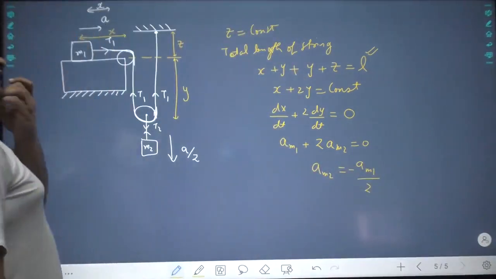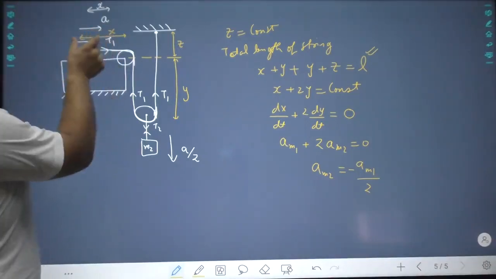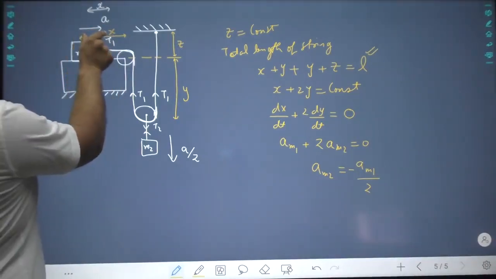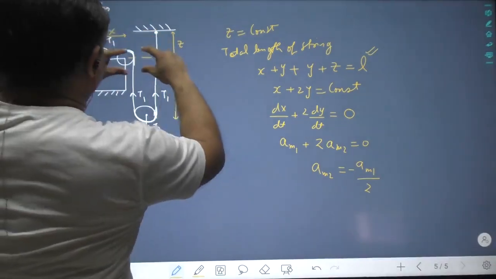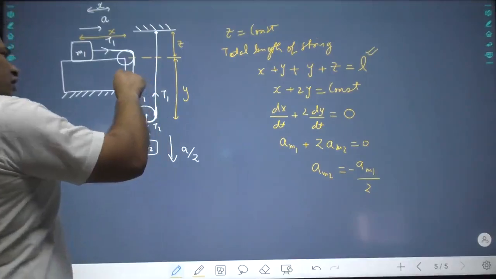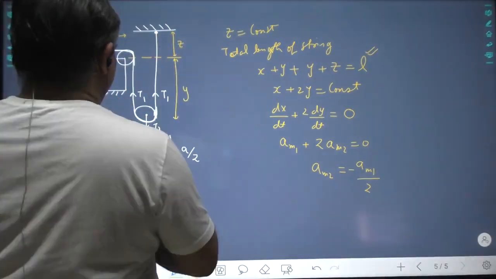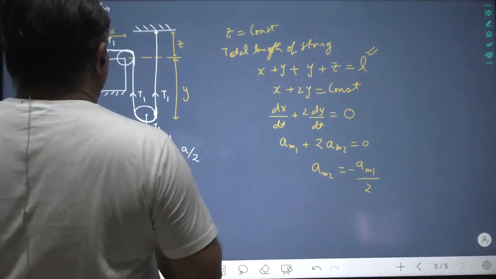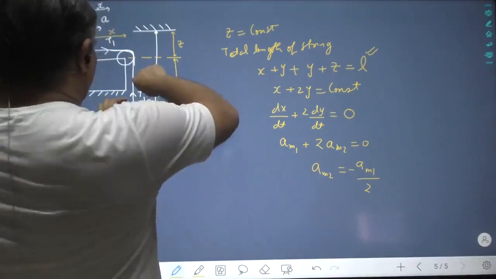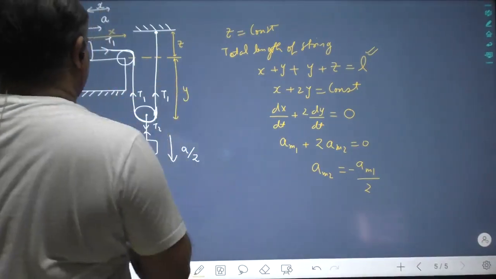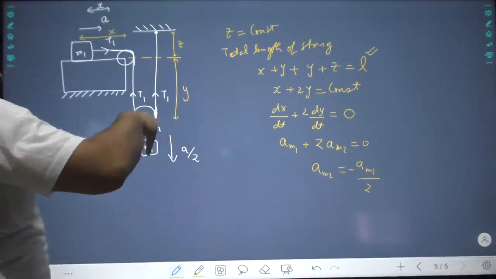You can also think of it like this: if this goes forward by x, then this x length is free with us. This free length cannot go only into one part, because both these parts will always be equal. So this free x will get divided into two parts, x by 2, x by 2. So if this has acceleration a, then this will have acceleration a by 2.